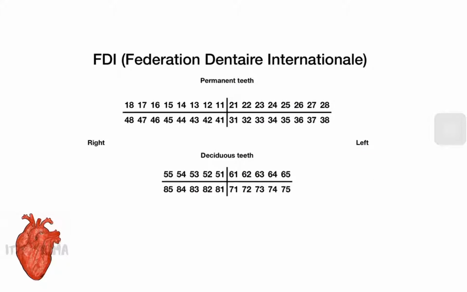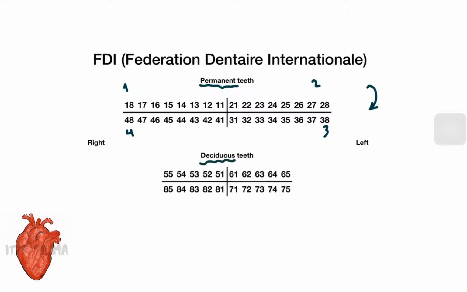And the FDI system. In the first part of our tutorial, we said that we have 4 quadrants, and this is the first quadrant. In the case of adults, we start from the right, and again we go clockwise. This is the second quadrant, third quadrant, fourth quadrant.